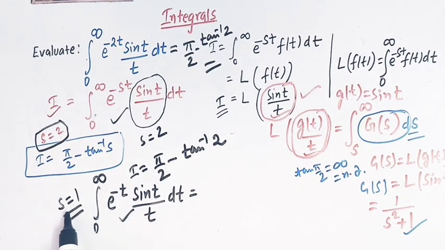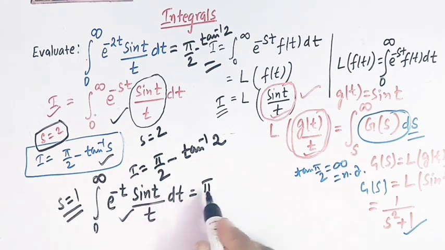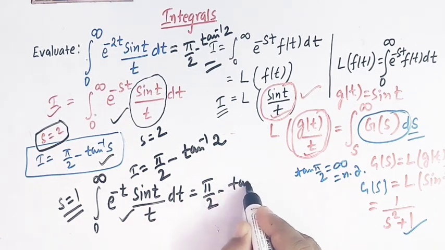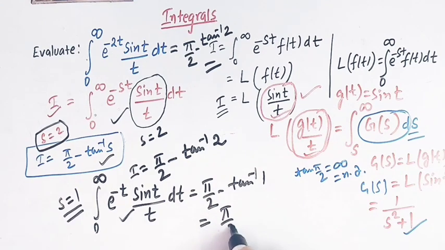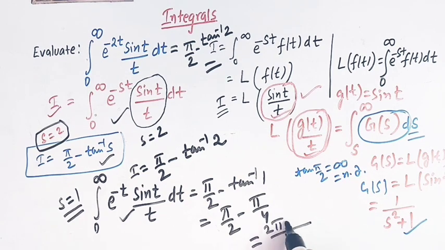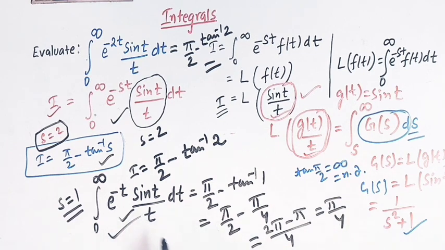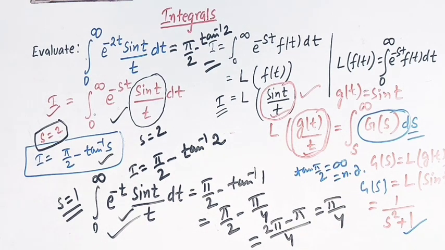If we take s equal to 1 in this result, then the value of this integral is pi by 2 minus tan inverse of 1. Since tan inverse 1 is pi by 4, this is 2 pi minus pi over 4, that is pi by 4. So the value of this integral is pi by 4.